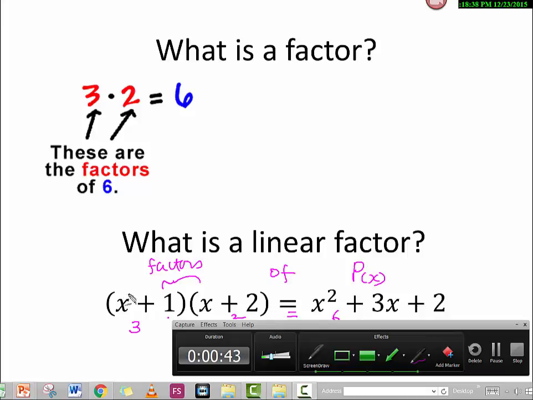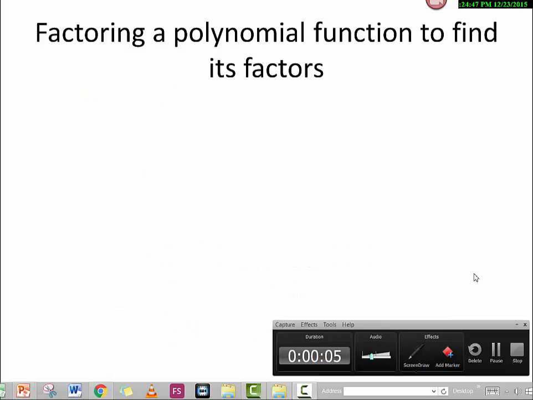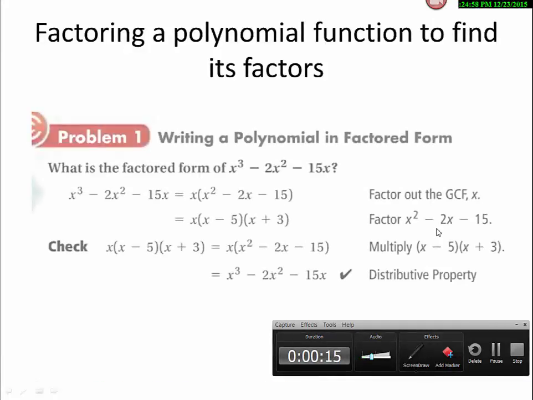The reason we call this linear is because the power of this variable is 1. That's why we call it a linear factor. So if you want to find factors of a polynomial function, you have to do the factoring, which we covered in the last unit. Let me give an example.